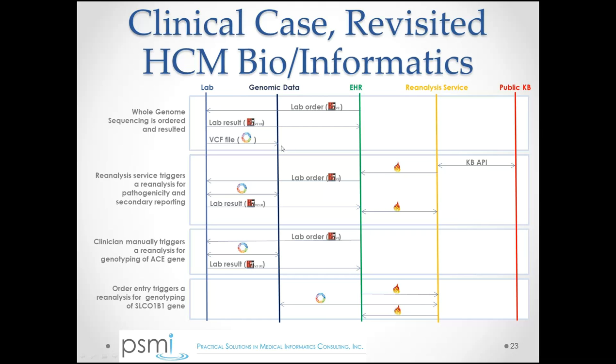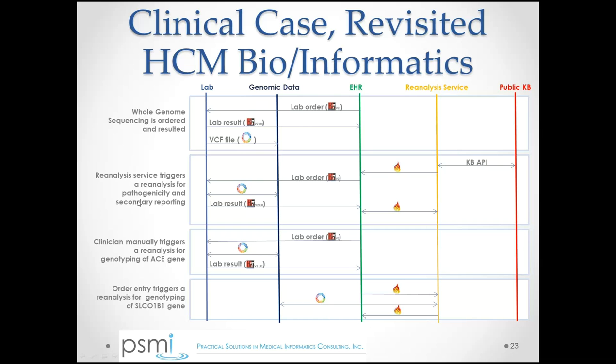Okay? And so now every time a patient has whole genome sequencing, all of the raw data is being amassed in this large genomics repository. And that sets the stage for reanalysis services.